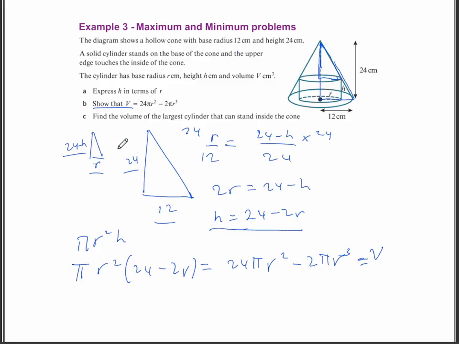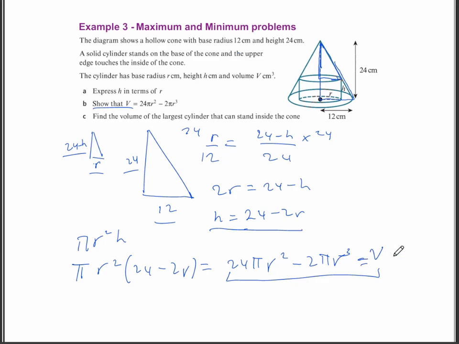Then we are told to find the volume of the largest cylinder that can stand inside the cone. So for that, we want to find the value of r such that we're going to have a maximum. And the way you find maximums for equations like this is by finding stationary points.